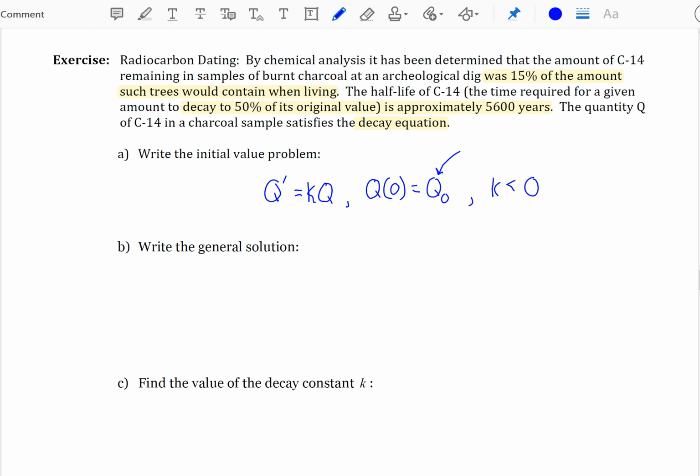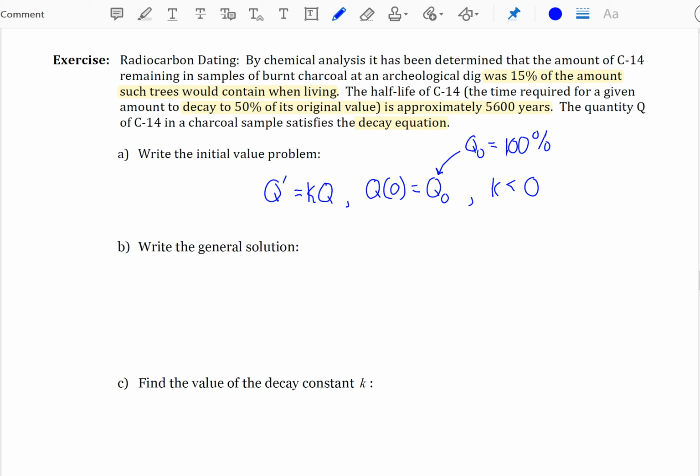However, you could make the claim that Q naught is equal to 100% of C14 that would normally have been living. So you don't know the actual amount in grams, but you do know it would be 100% of what was living.